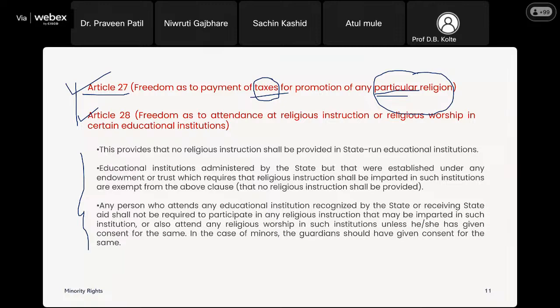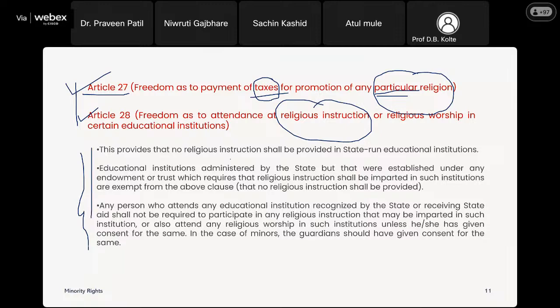Even such minority educational institutions also require the help of the state aid, and therefore Article 28 supplements Article 26, and it says any religious institution which is a minority religious institution shall not be denied any state aid only because it belongs to a religious minority institution.